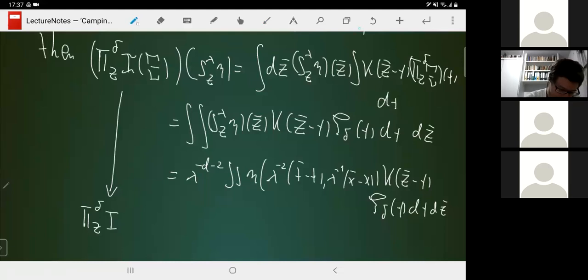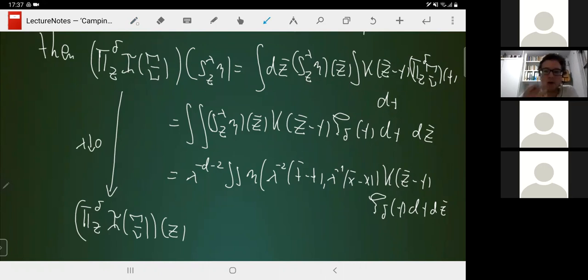So this is true. Once this is a continuous function, you test it against something and you send lambda to 0, then it converges to the function evaluated at the center point z. So you can forget all these computations I did here. And then this condition would tell you that this must be 0.